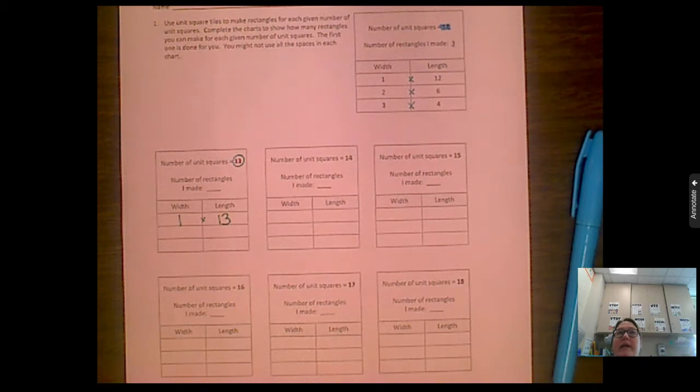Nope. So if we did 1, then we said yes for 1, no to 2. So next would be 3. Can I do 3 times anything to get to 13? Can I count by 3s to get to 13? 3, 6, 9, 12, 15. Nope. Next would be 4s. Can I count by 4s and get to 13? 4, 8, 12, 16.